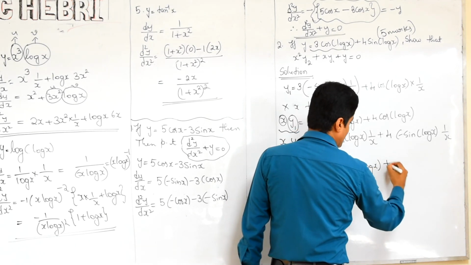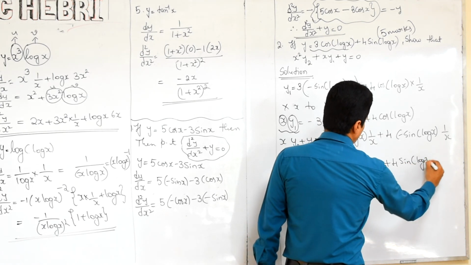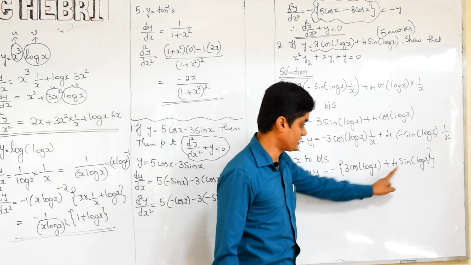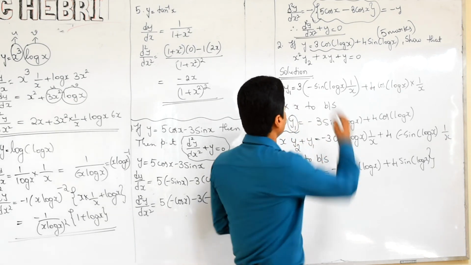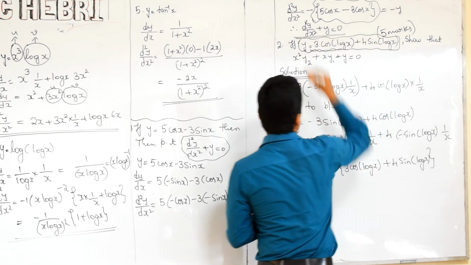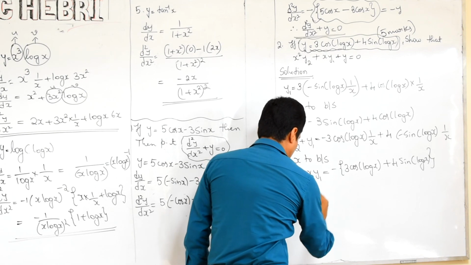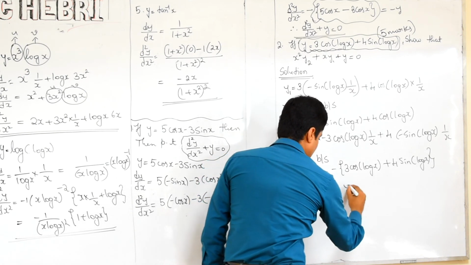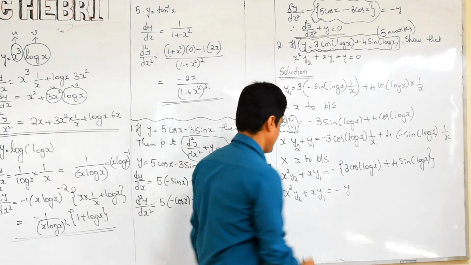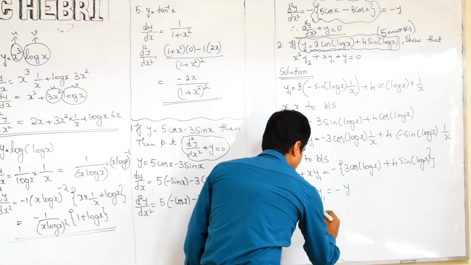Here minus is there, so it becomes plus 4 sin of log x. In the given question, what is 3 cos of log x plus 4 sin of log x? Observe: it is nothing but y. So we got what is ours. Right? One step is remaining. What is that? Just bring this minus y to the left hand side. So it will complete. This is one 5 mark question.